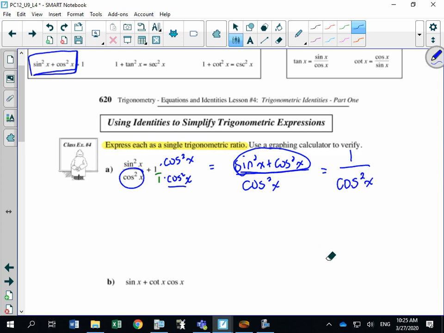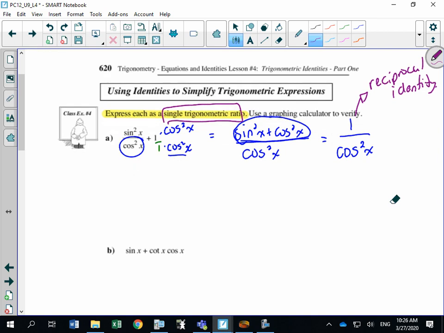Technically, I could leave my answer here, however this would be a reciprocal identity. If it wants it as a single trig ratio, technically that is a single trig ratio, but what is the reciprocal of cos? The reciprocal of cos is secant. So this would be the same as secant squared x, and that would be A written as a single trig ratio.